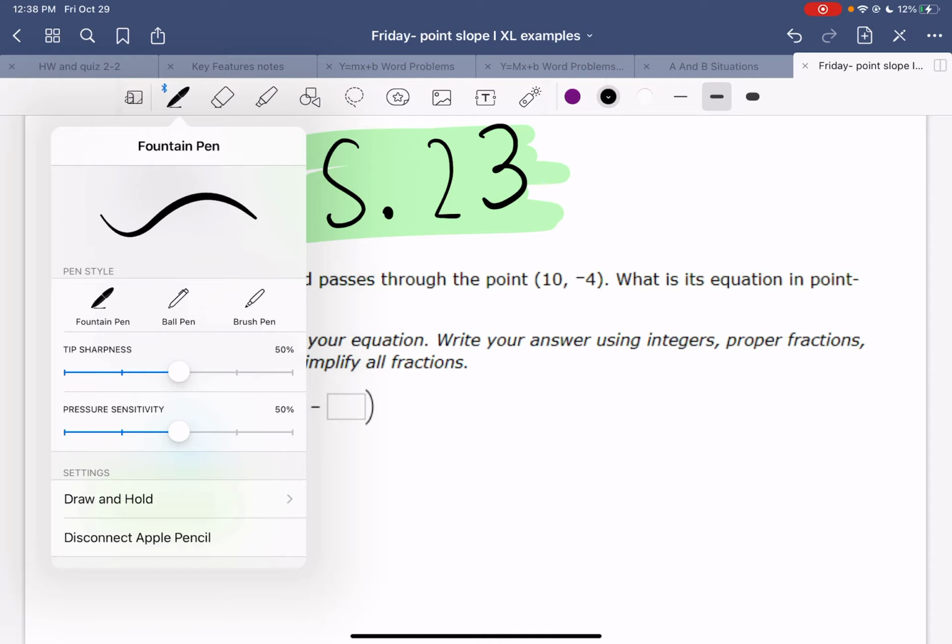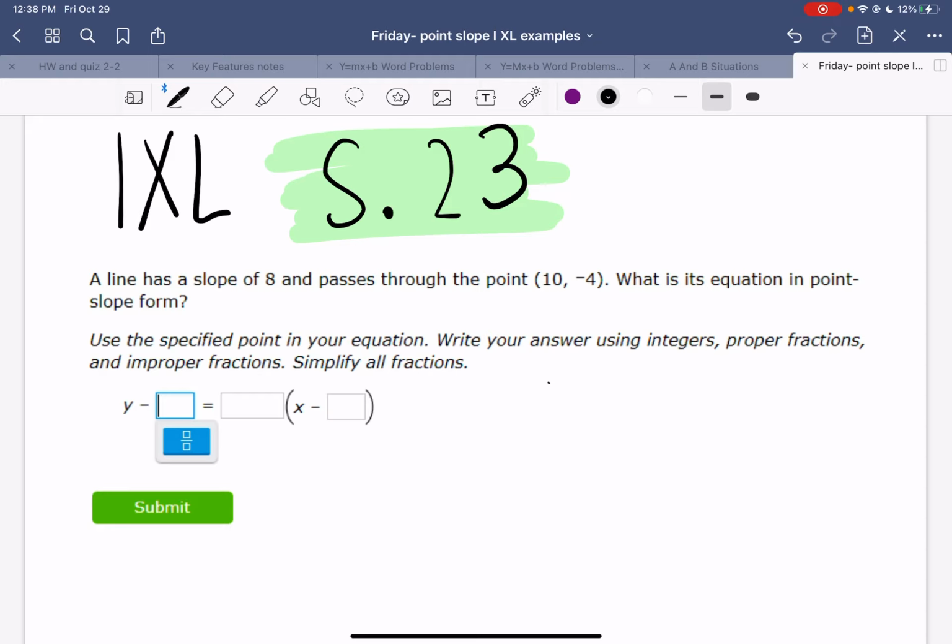But this one, we have a line that has a slope of 8 and passes through the point 10, negative 4. What is the equation in point-slope form? So when you see this one on IXL, you're going to take what's given. We're given a slope of 8, and we're given a point 10, negative 4, which is our x1 and y1.